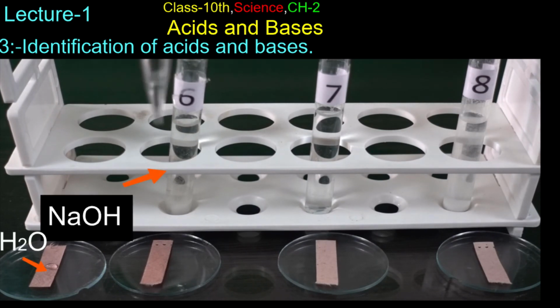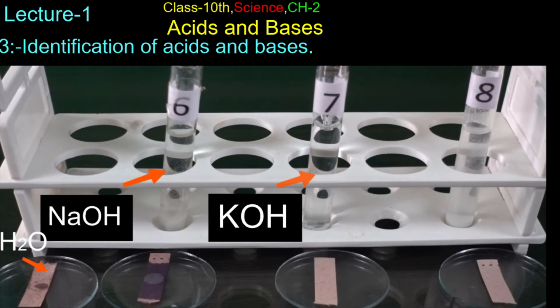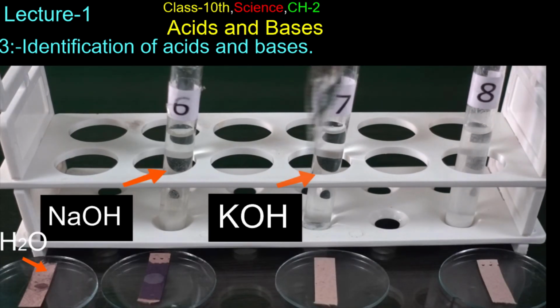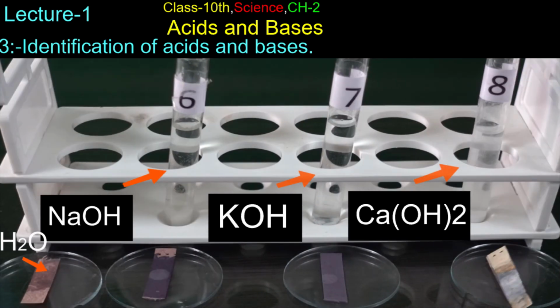I put a drop each from the solution in each test tube one by one on red litmus paper. You see here, all these turn red litmus blue. Therefore, all these are bases.